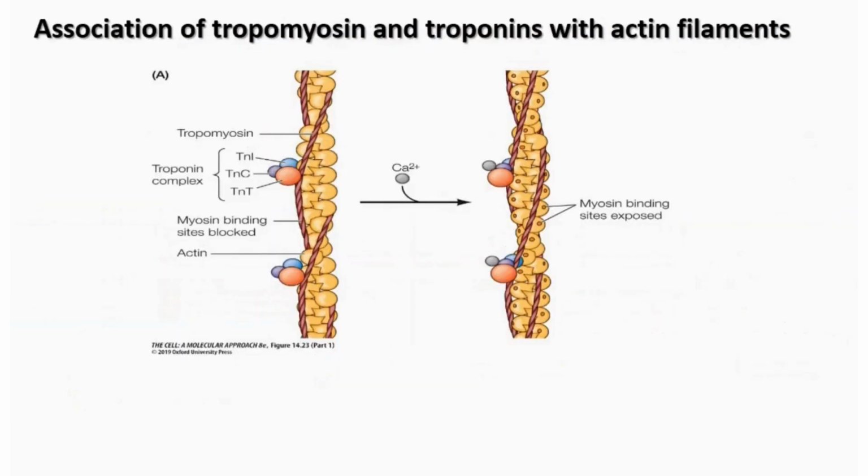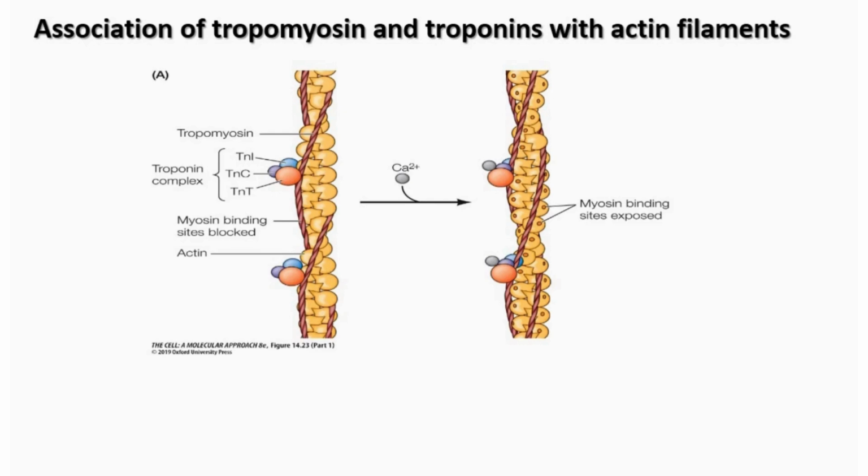Now, what is the association of tropomyosin and troponin with actin filaments? We have calcium. Generally, when you talk about the tropomyosin, the troponin complex consists of troponin I, troponin C and troponin T. Now I shall brief you about the structure of actin, myosin and some of the proteins which are associated with thin filaments.